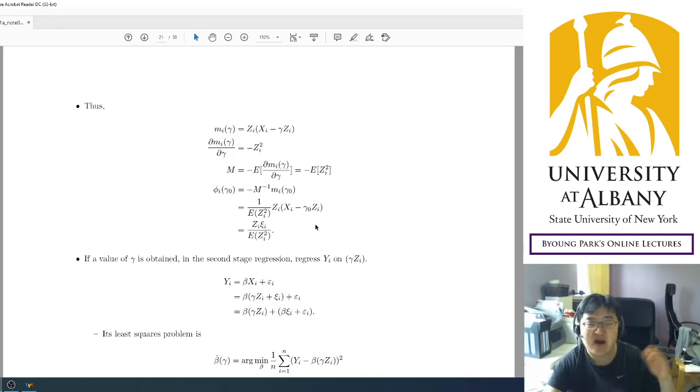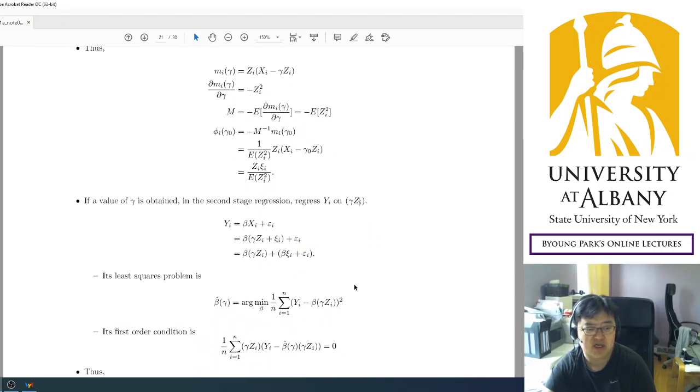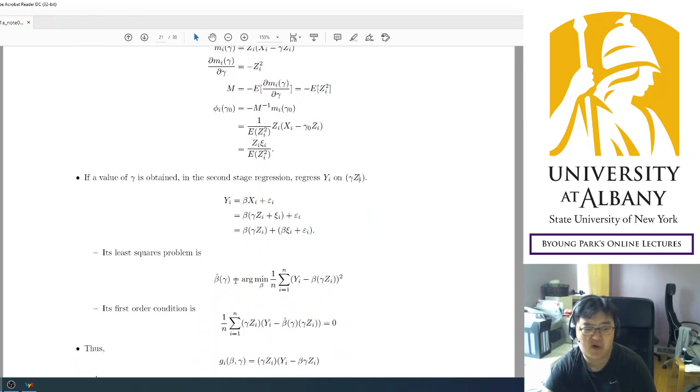And then, okay, now let's go to the second stage regression here. The second stage regression replaces x with gamma z. You may remember the fitted value approach. So based on this fitted value approach, this is our minimization problem. We regress y on gamma z.